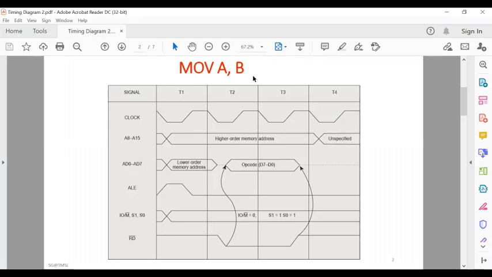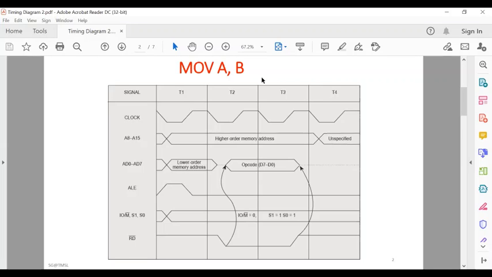In this case you need only the opcode fetch machine cycle, because no operand is separately given in your instruction and no memory location is specified. It is a register to register operation, and the operand is specified in your opcode. So only the opcode fetch machine cycle is required, no other machine cycle is needed.